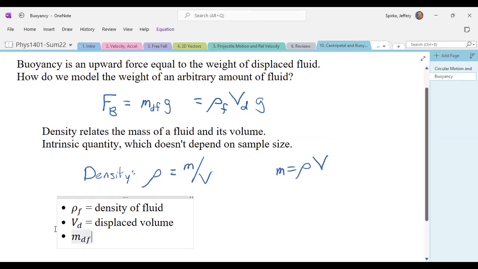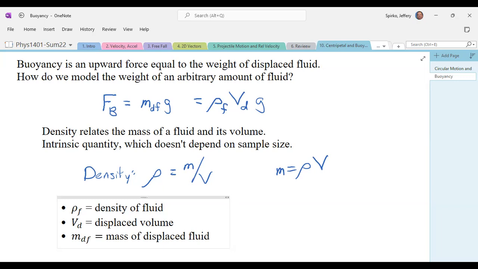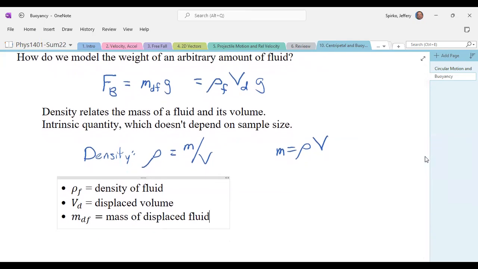So just kind of describing what my symbols mean in this particular situation. So then now we have a way of describing the force of buoyancy in a little bit more detail.